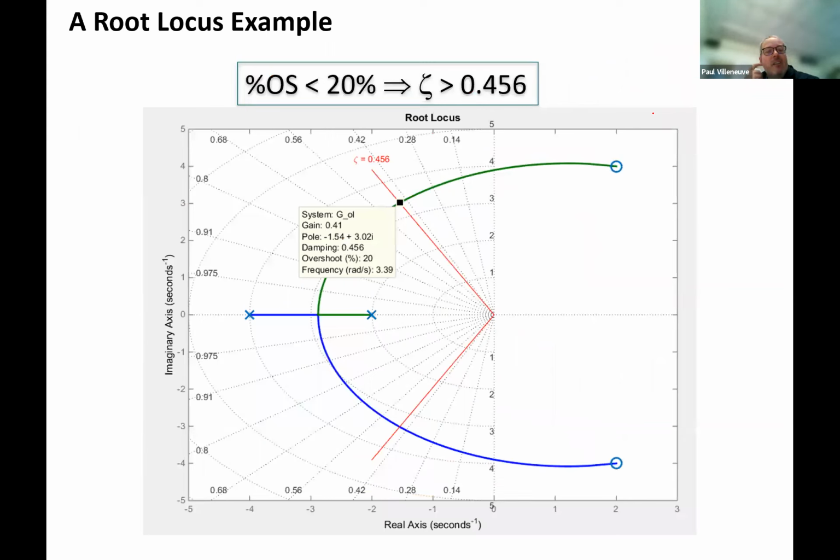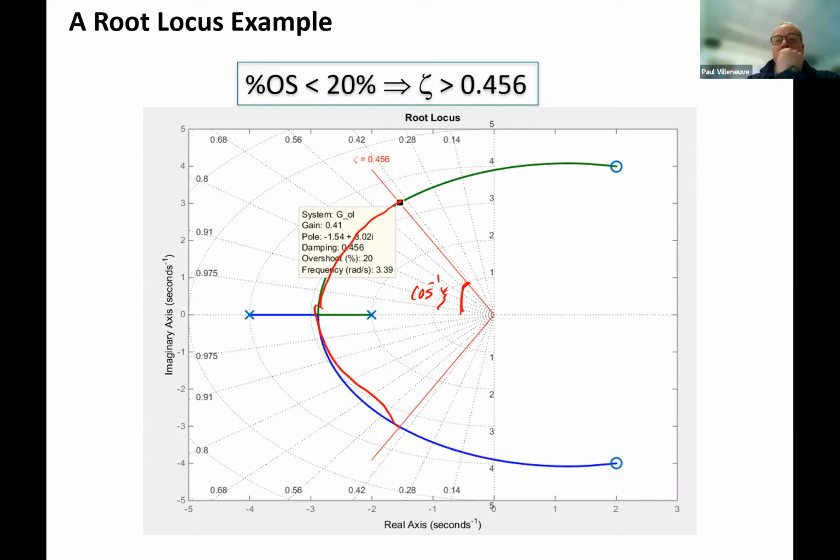All right, so now the last thing we need is for our percent overshoot to be less than 20%. This is where it's particularly important to use these lines, because remember, this line right here is the inverse cosine of zeta, so that tells me that angle. If I want my overshoot to be less than that, I need to find a point and be on this side of that point.